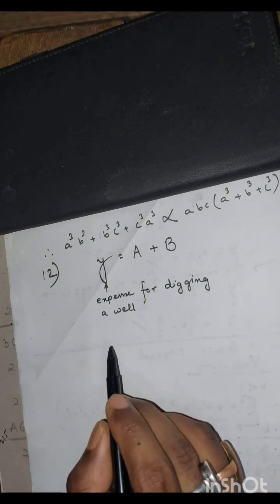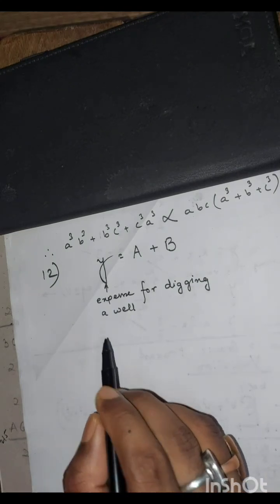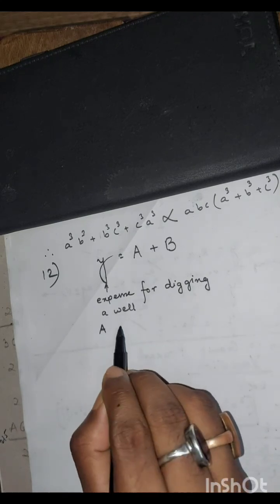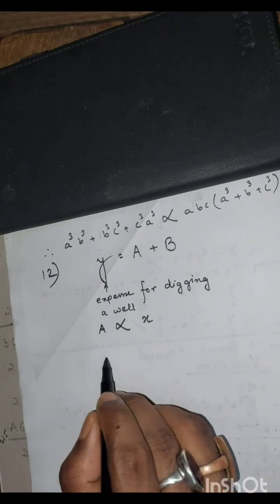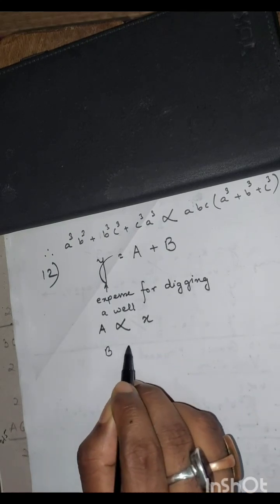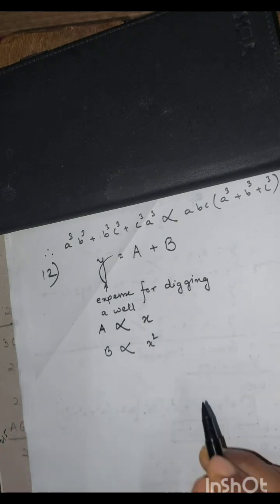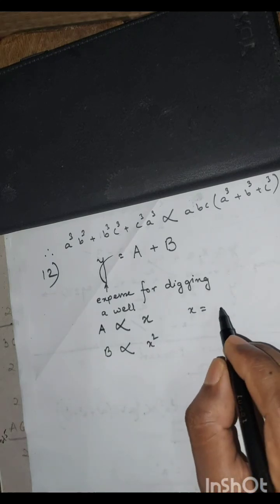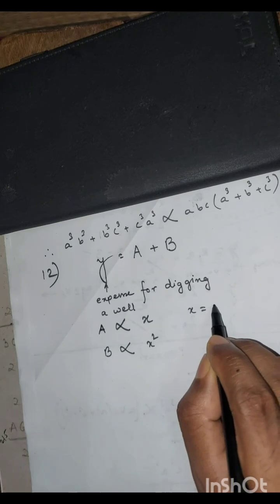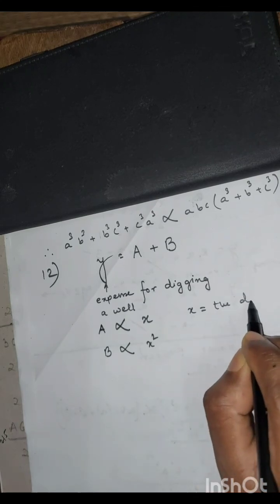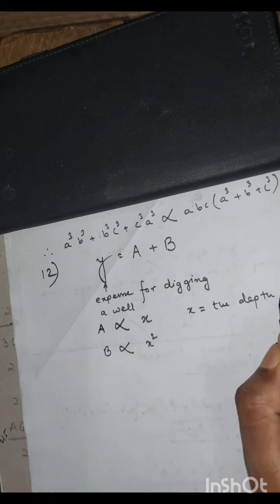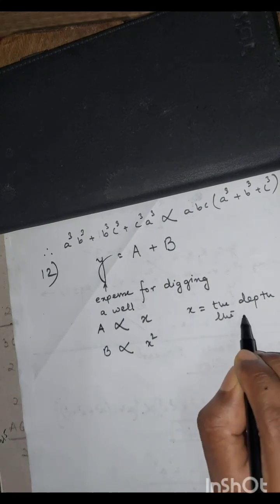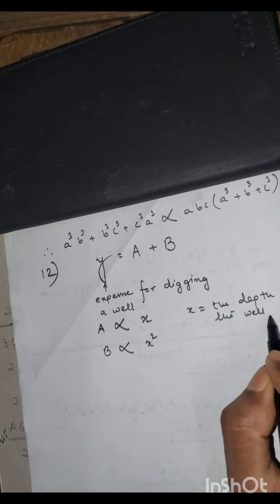Now they have said that A is directly related to x, and B is directly related to x square, where x is the depth of the well.